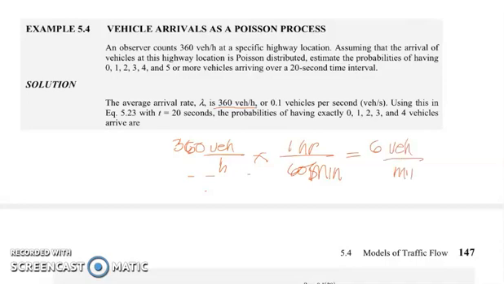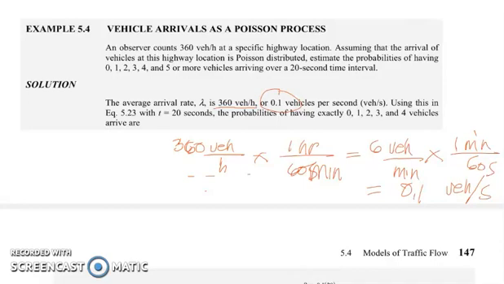Then to get it in seconds, 1 minute is 60 seconds. So this results in 0.1 vehicles per second.